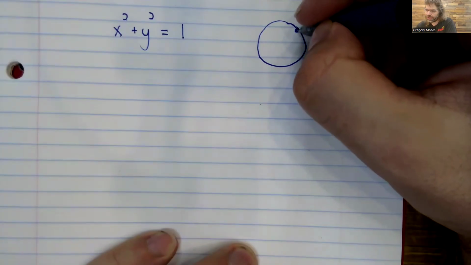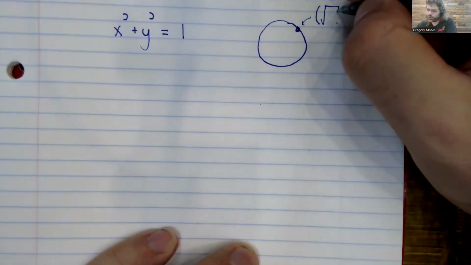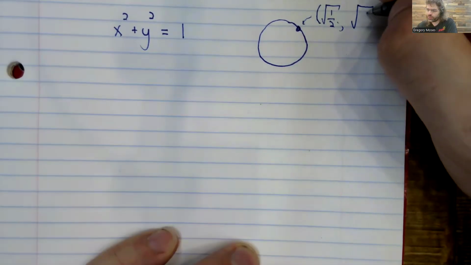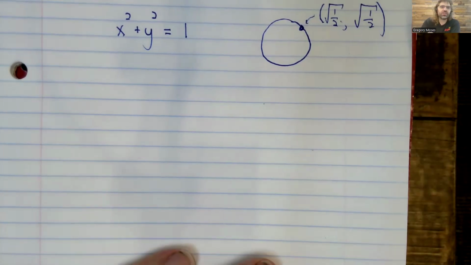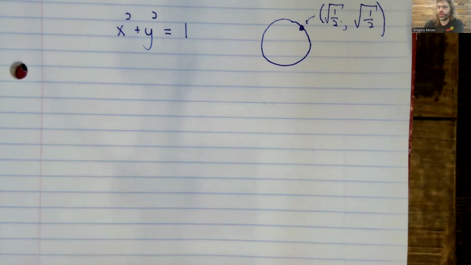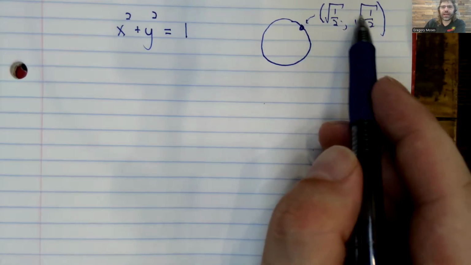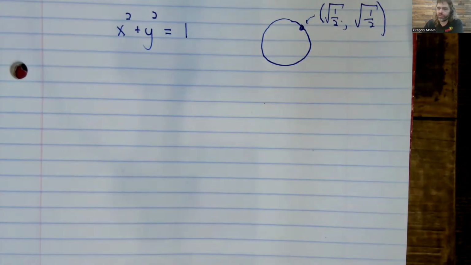Let's look at the square root of 1/2, comma, the square root of 1/2. This is a point on the circle. The square root squared is 1/2. 1/2 plus 1/2 is 1.